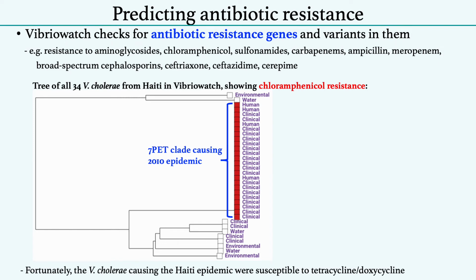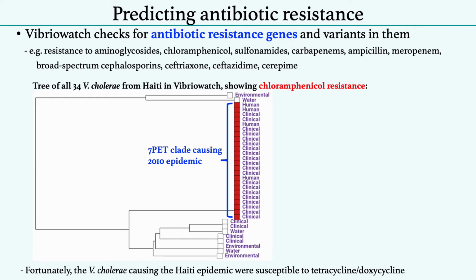In Vibrio Watch, we predict antibiotic resistance based on looking for antibiotic resistance genes and variants in them. And so far we can predict resistance to many different antibiotics such as aminoglycosides, chloramphenicol, and so on.